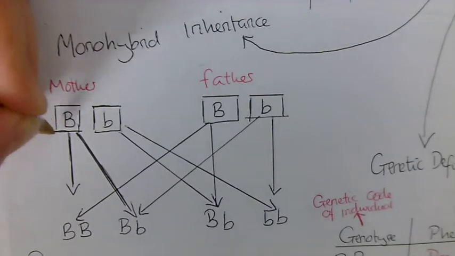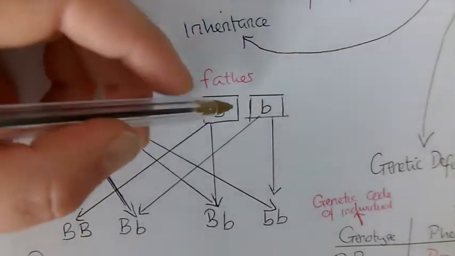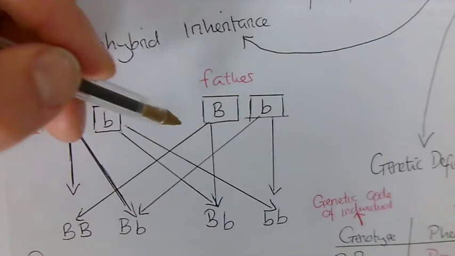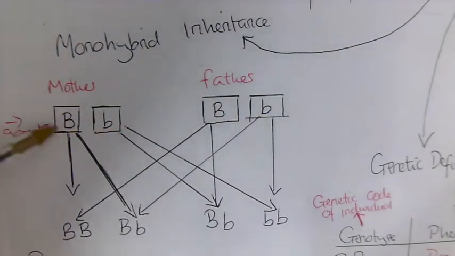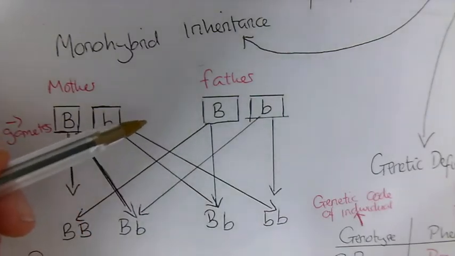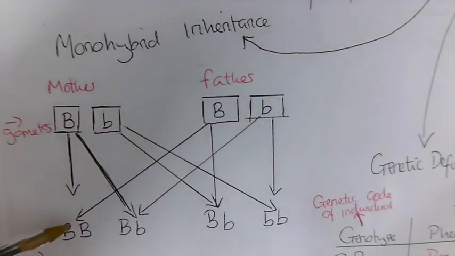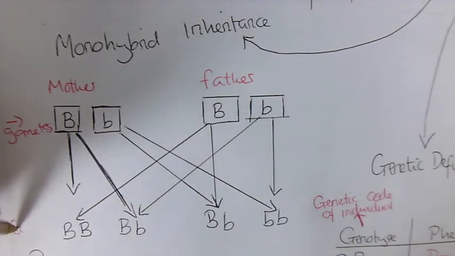So we only have half the number of chromosomes in each gamete, so they get one of each chromosome that meet up with one from the mother and one from the father. So that's what brings us this bit down here. So this is the possible genotype of the offspring.